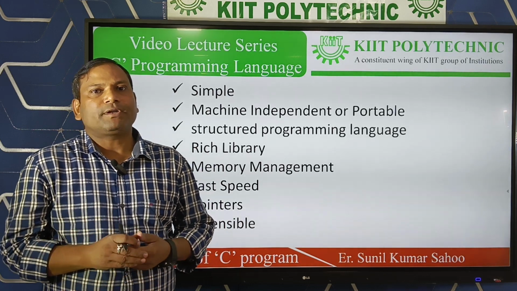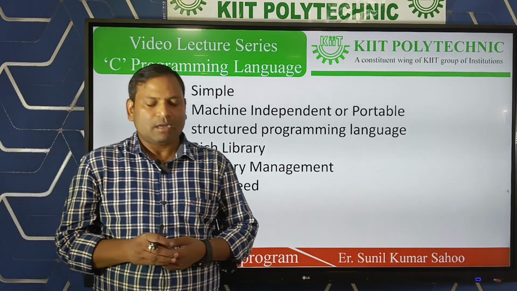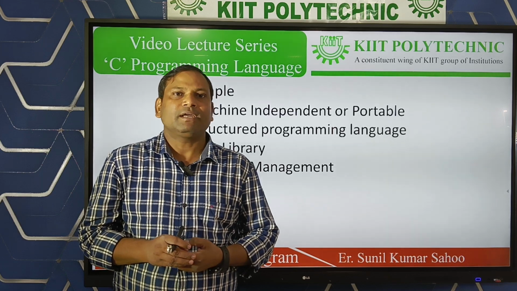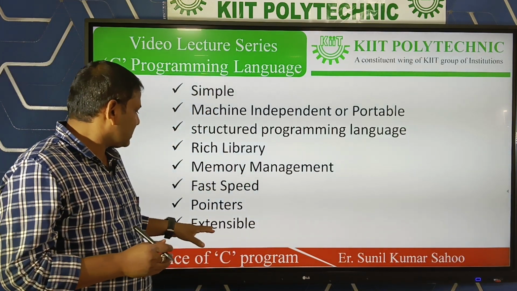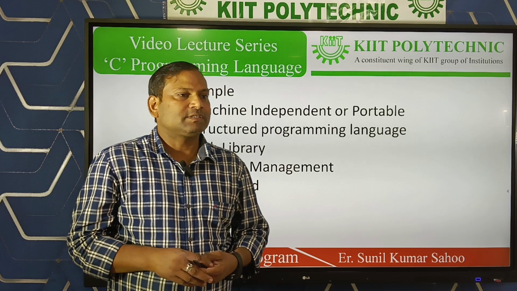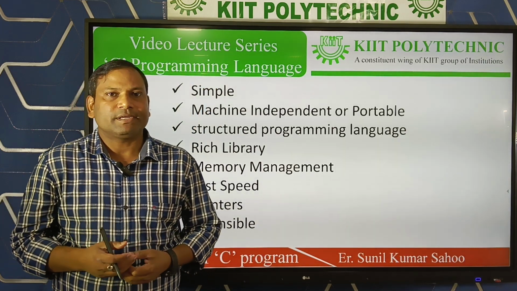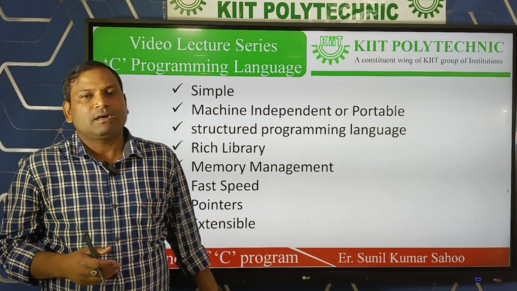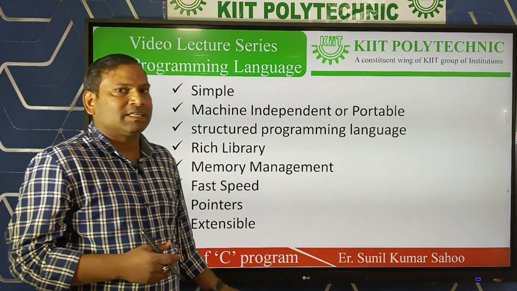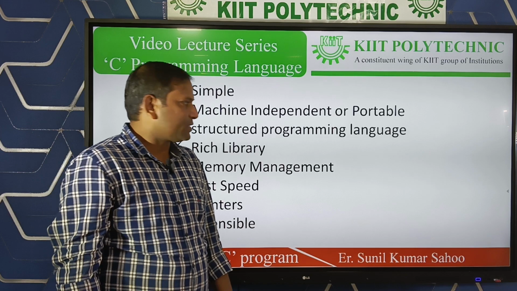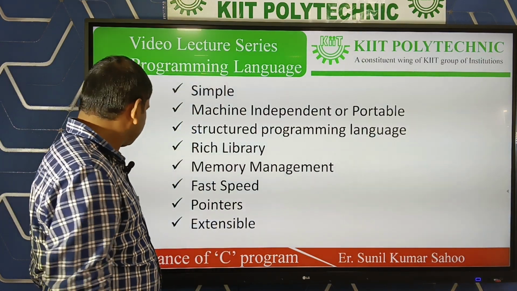That's why the pointer is also one of the features of C language. The last one is extensible. Means C language can adopt new features very quickly. That's why extensible is one of the features of C language.